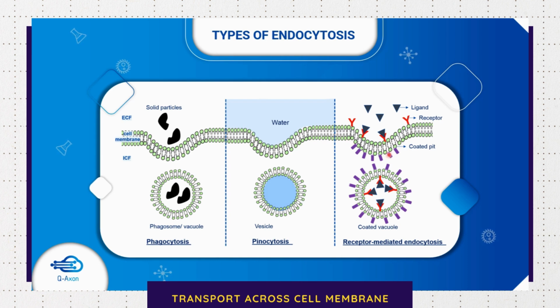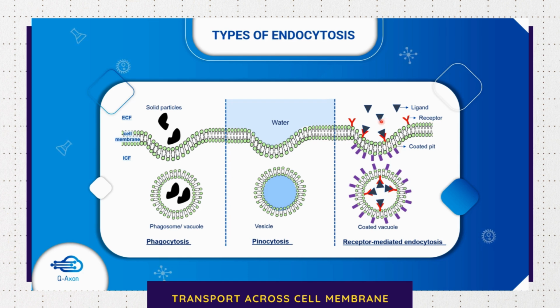Here is an example shown. These are proteins known as clathrin, which are attached on the membrane. Vesicles will form where these clathrin proteins are attached, and there are certain receptors.